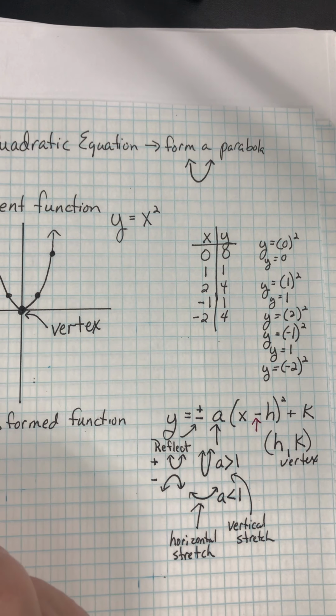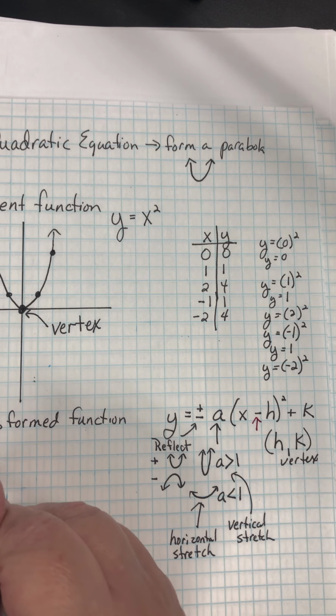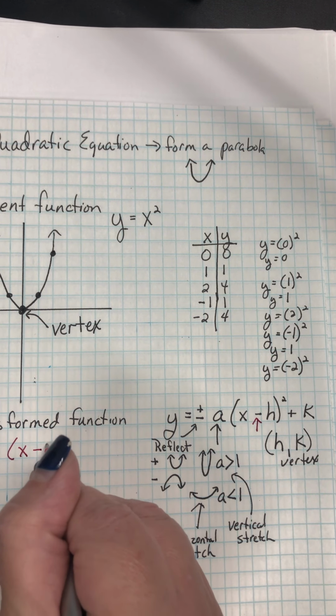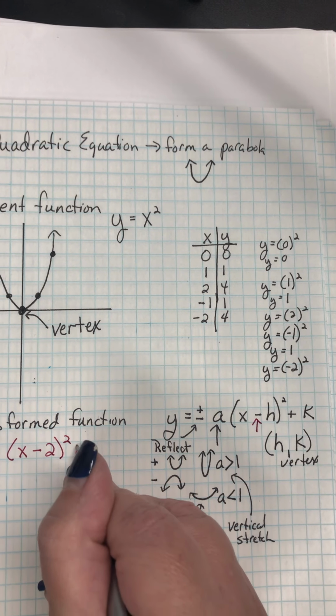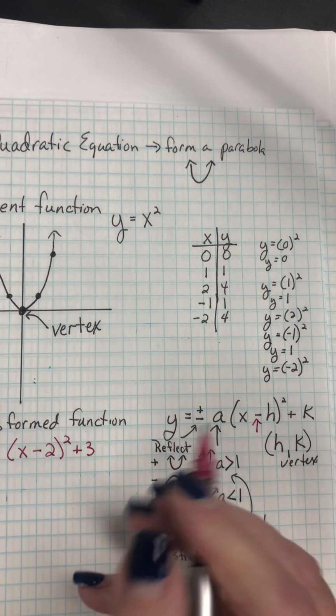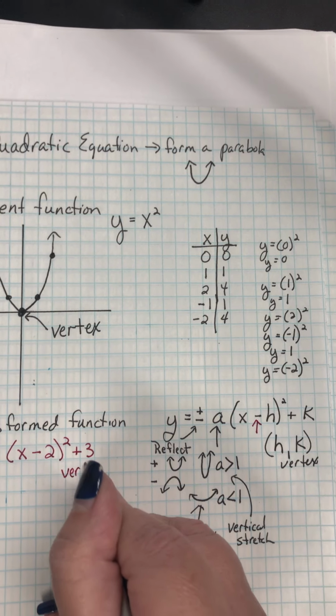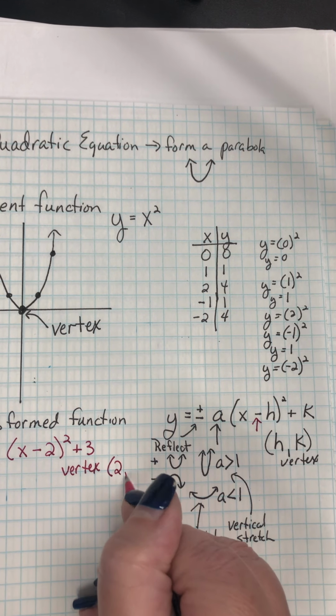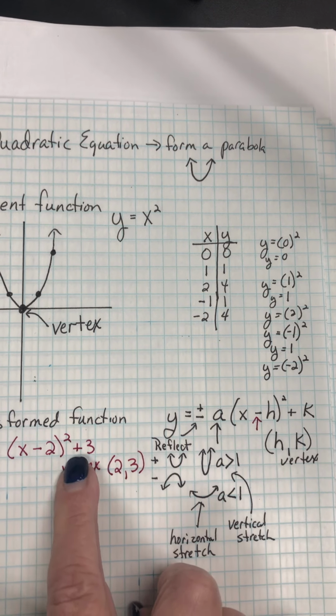So if I started with a transformed function that says y equals (x minus 2) squared plus 3, my vertex would actually be at (+2, +3).